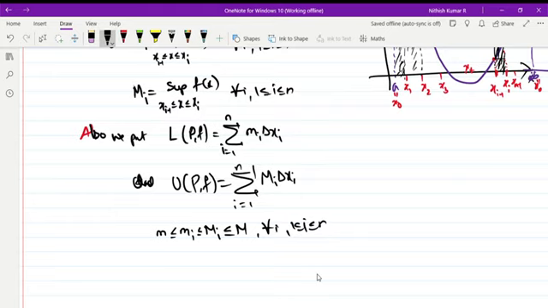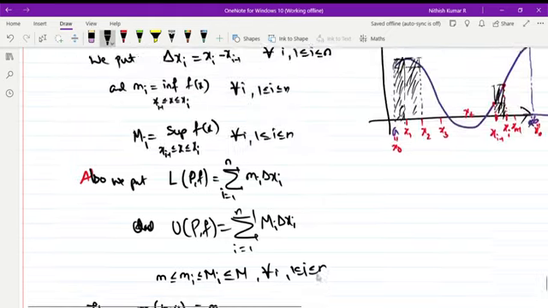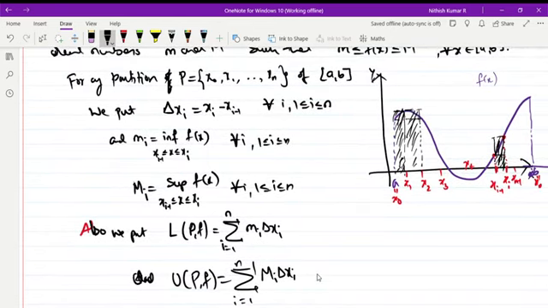Now, m into b minus a, where b minus a is nothing but the length of this interval. I can write this length by adding all these lengths. What is this length? That is x1 minus x0, which is delta x1.